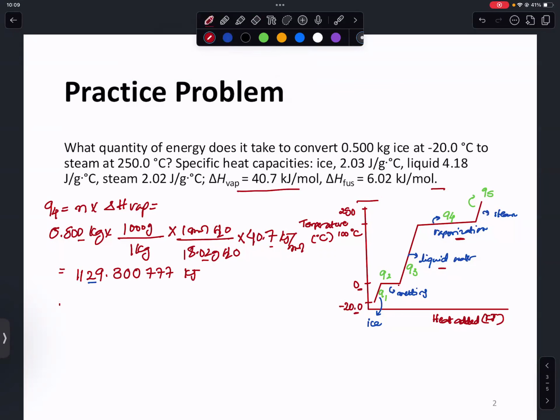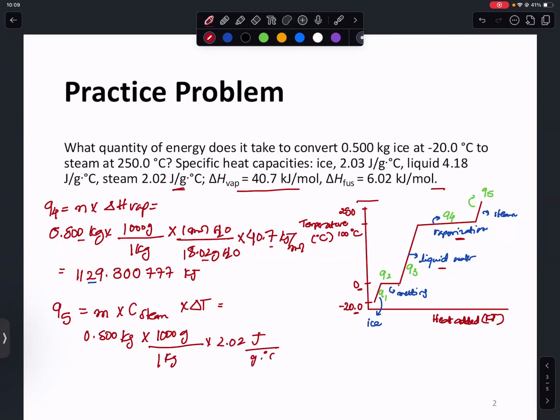And then finally, I am going to do Q5. Q5 right here, we're heating the steam. So m times c of steam times delta T, and this is going to be 0.500 times 1,000 grams over 1 kilogram times the specific heat of steam, which is 2.02 joules over gram degrees Celsius.